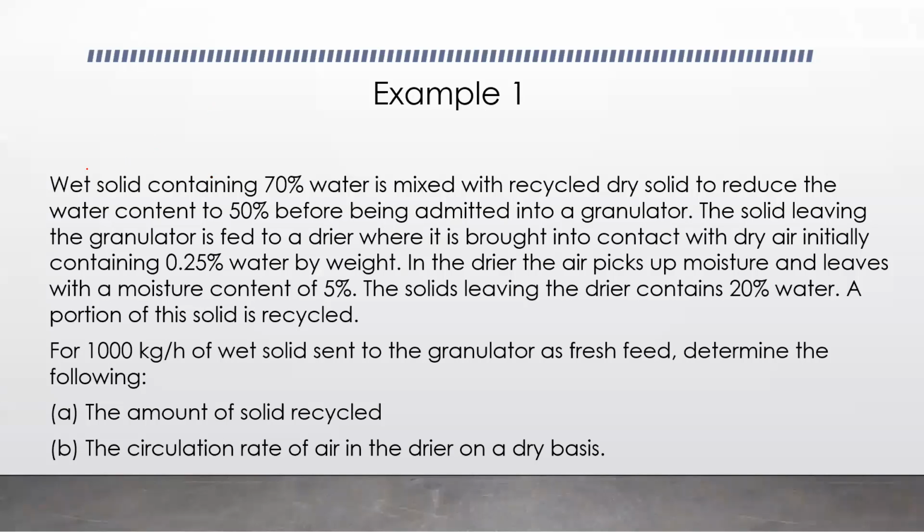So let's go on to this example. We have wet solid containing 70% water, which is mixed with recycled dry solid to reduce the water content to 50% before being admitted into a granulator. Let me draw a block diagram for the same.